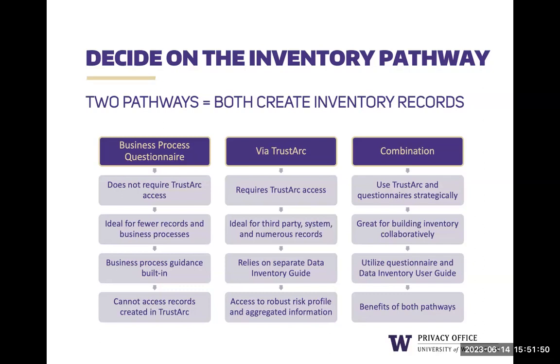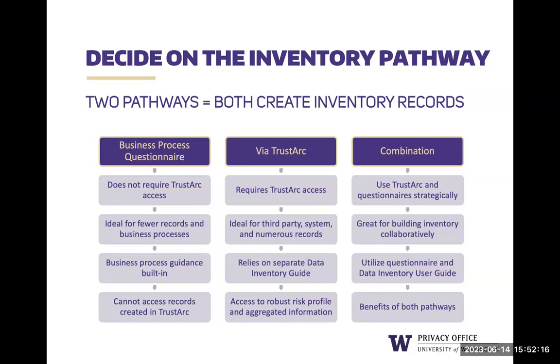By comparison, the direct access to TrustArc route requires users to submit a TrustArc access request form available on the Privacy Office website. Your request will need to be reviewed and approved by a direct supervisor to be completed. If you have a lot to inventory, or if you need to focus on third-party and system records, this route is a bit easier.